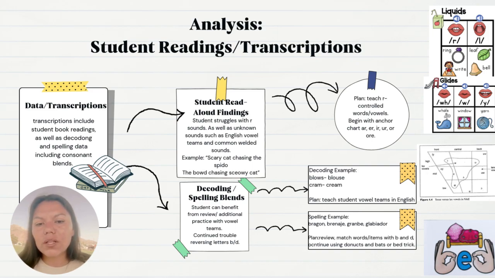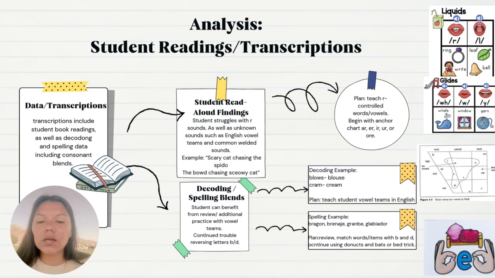So that's partially expected because that is why we work on blends already, the R and the L. I know that she had troubles with that in the past, but part of the plan here is to go ahead and expose her to R controlled words and vowels that she probably hasn't been exposed to before. And when decoding and spelling blends, my student can benefit from reviewing additional vowel teams which are not present in Spanish.